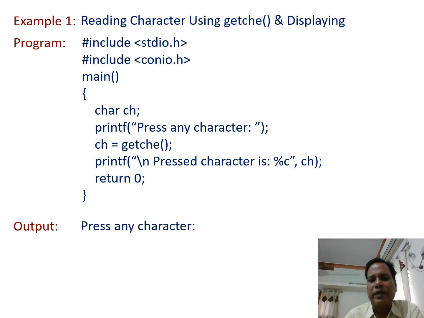Press any character. When we press a character, that is echoed here on the screen, and it is taken in the program by the character variable and displayed using the printf statement, and in this way we see the output of this nature.